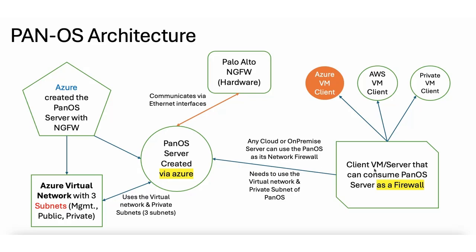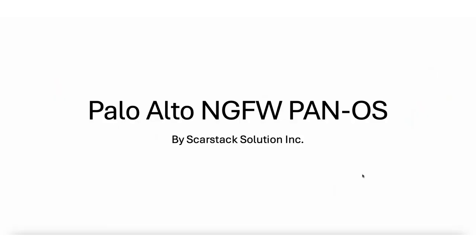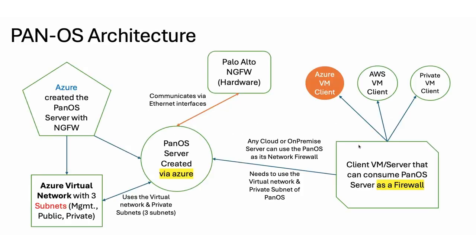Hence, the reason why this client server is pointing to it, saying I am a client server or VM that can consume Pan OS server as a firewall. As a client, I can be an Azure VM client, an AWS VM client, those are cloud clients, or an on-premise client, which is a data center, a private data center. So, whichever I am, I can be a client that can point to you to utilize you.